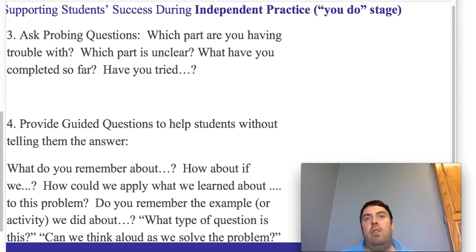Or let's work another example together and think out loud how we did it. Or what type of question is this, and what process have we learned to deal with these types of questions? This way, the student is coming to the answer on their own, and they still feel autonomous, useful and productive, and that you're not just force feeding them the answer.